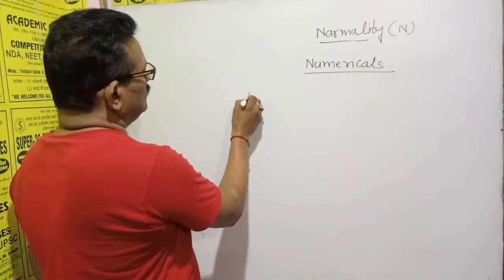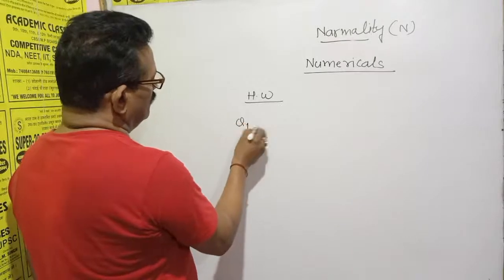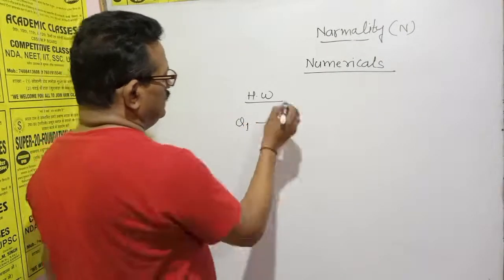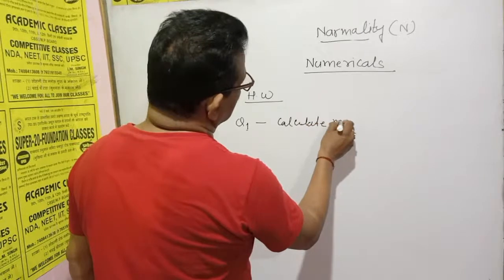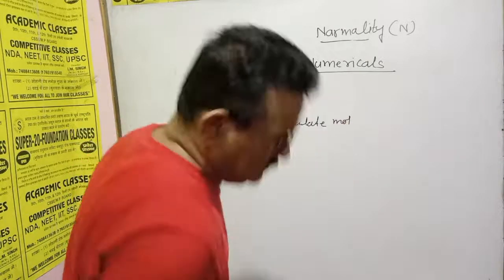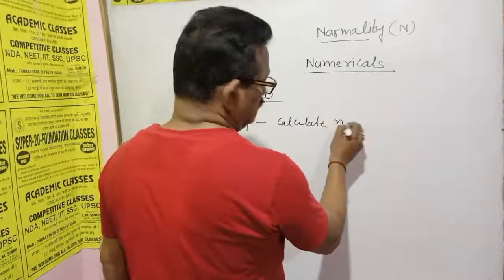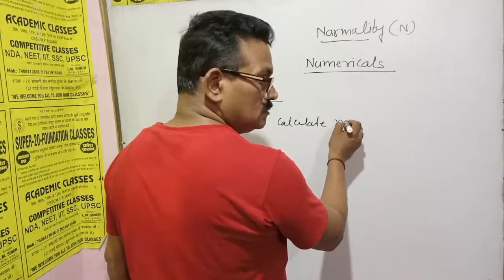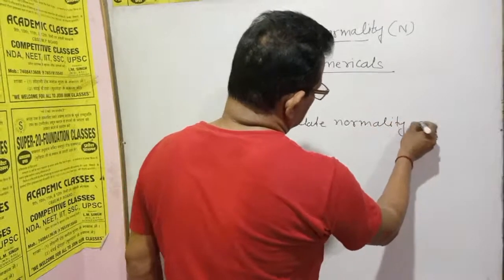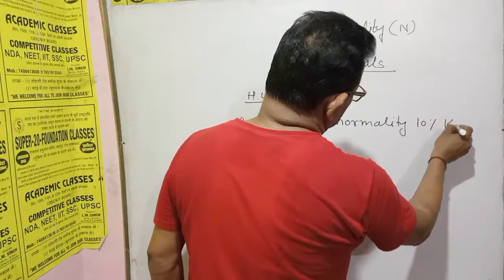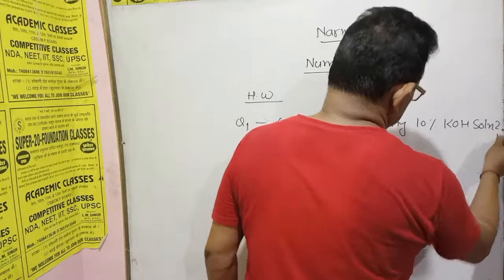Homework question number one: calculate normality of 10% KOH solution.